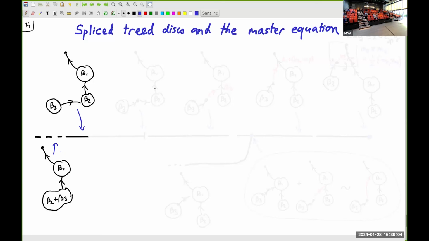Imagine that you started from some treed disks, and maybe the first thing that happens is the usual transitions. Disks break off, and more Morse flow lines appear. And then, as you keep going, some Morse flow line gets longer and longer, and eventually you have a broken Morse flow line. So that's where the usual moduli space would stop.